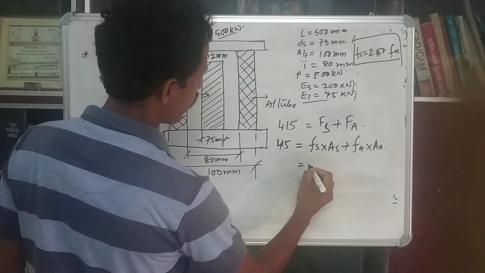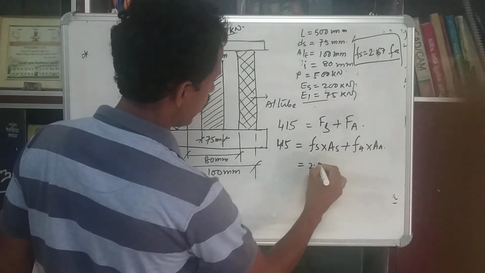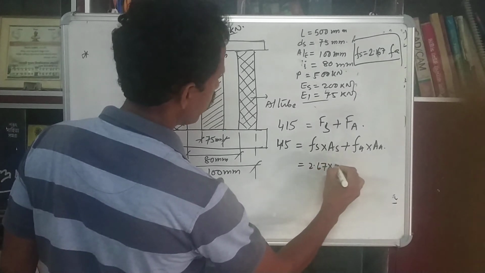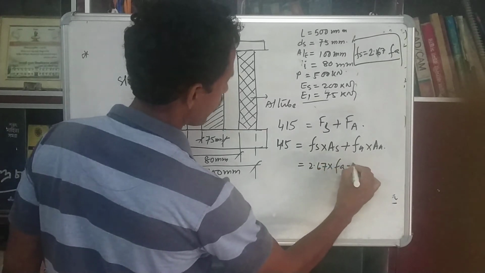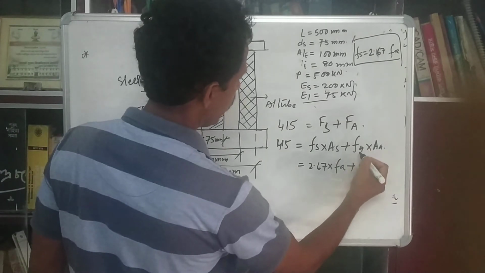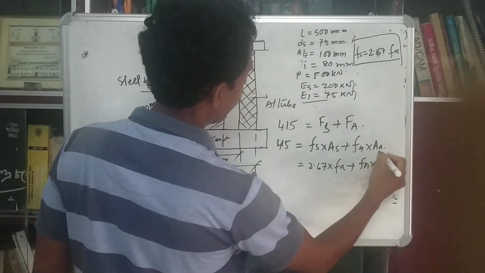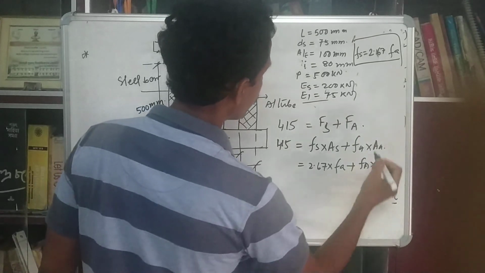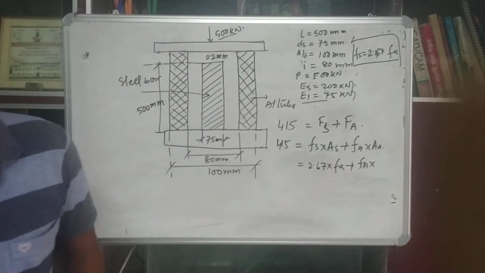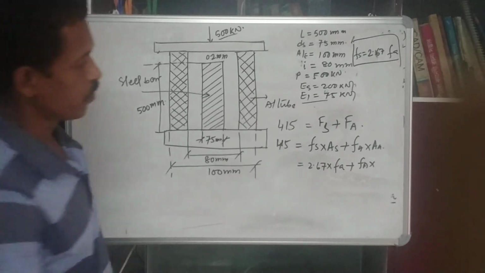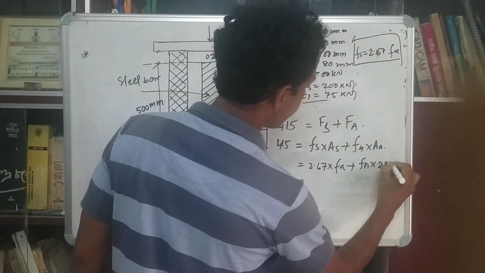Now Fs is equal to 2.67 Fa, so 2.67 Fa plus Fa, into A, you have got 2827.